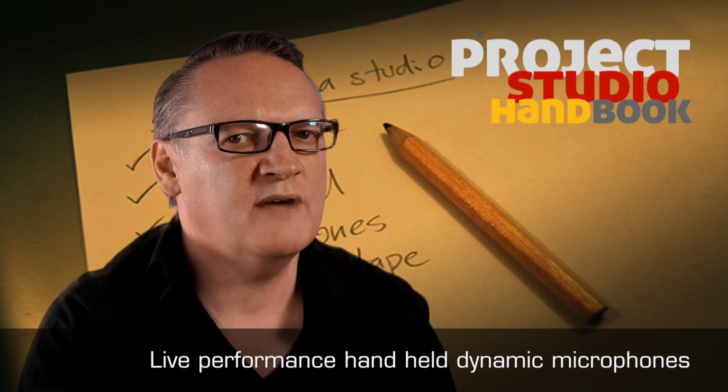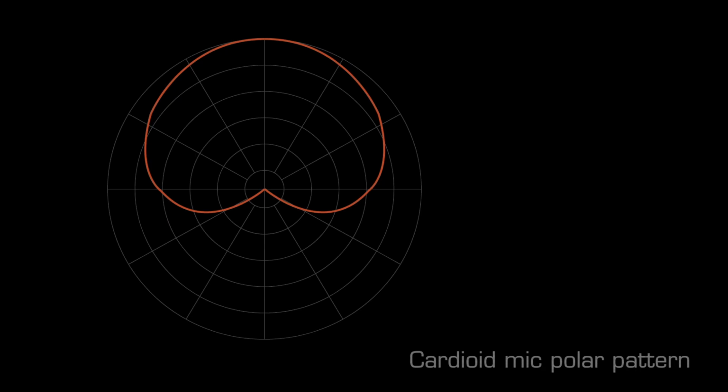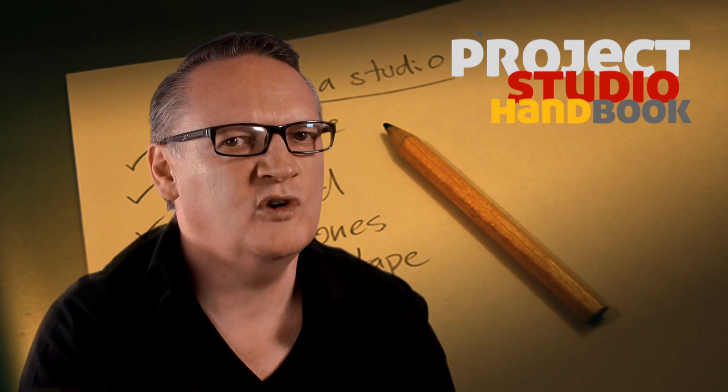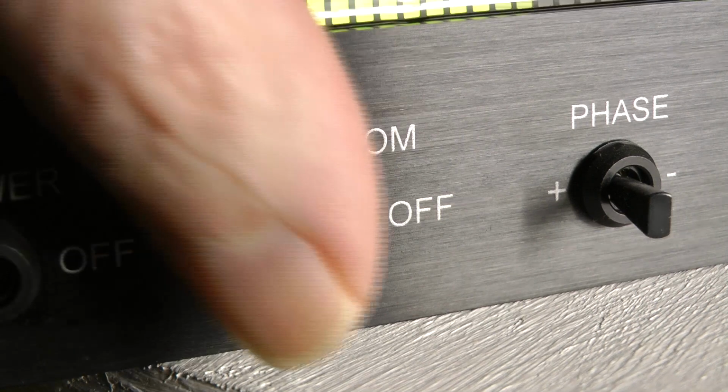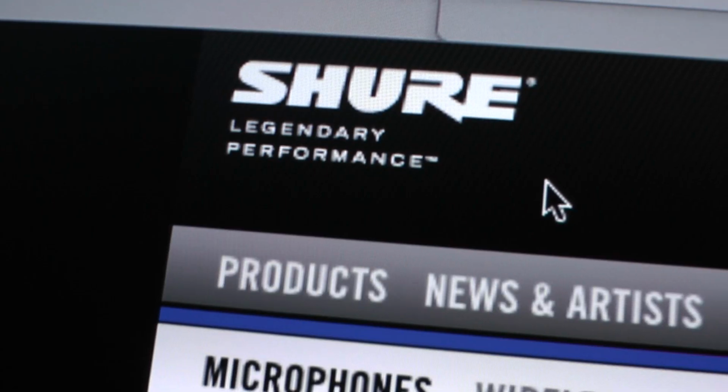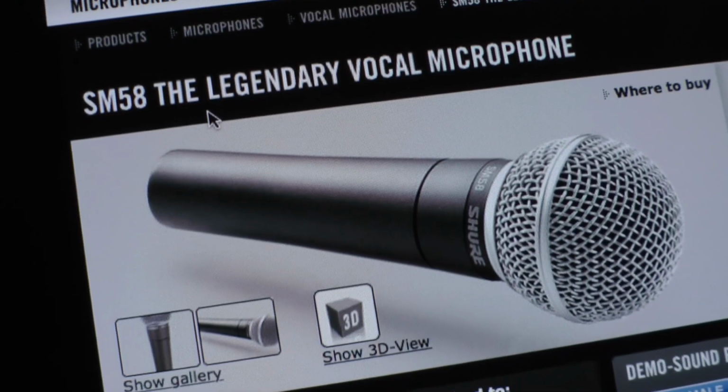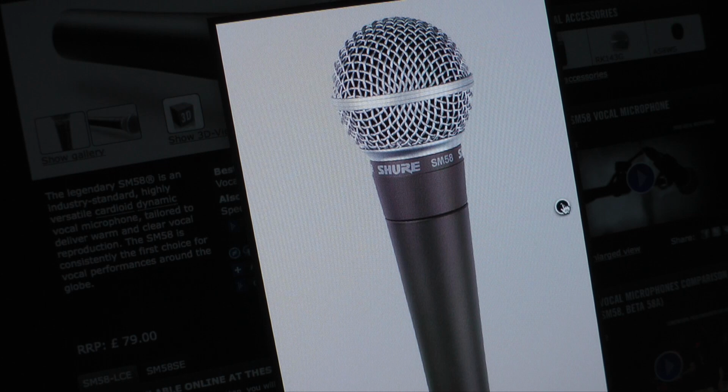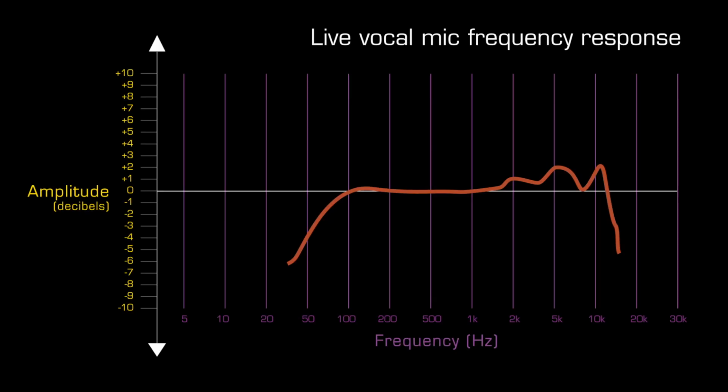Dynamic microphones are favoured by most singers for live performance due to their extreme cardioid directionality, lack of handling noise, general robustness, and because they do not require phantom power. Dynamic microphones optimised for live performance are designed to emphasise the frequency range inhabited by the human voice and minimise the feedback from the PA system.